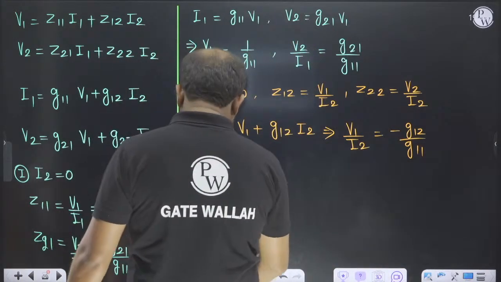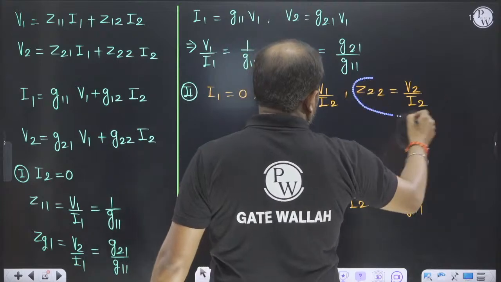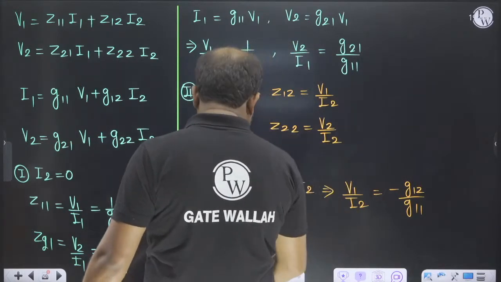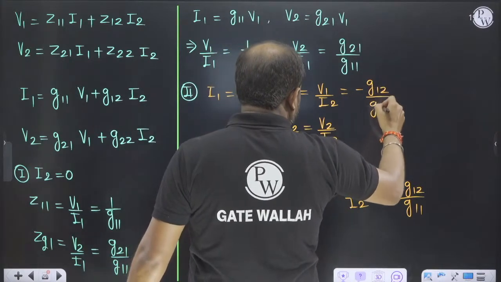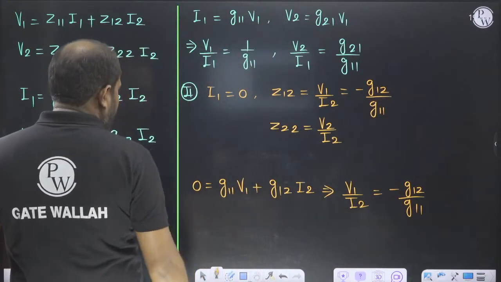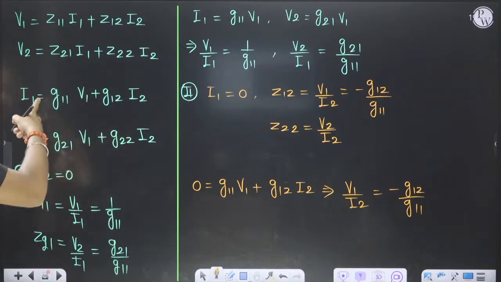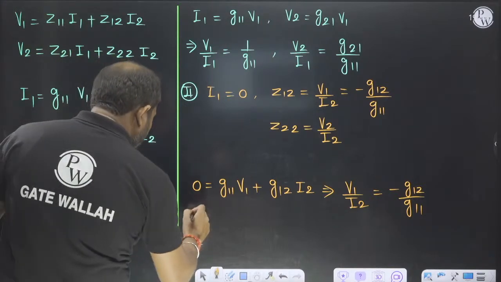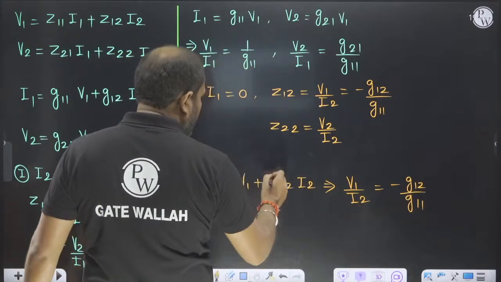So the equation will be minus G12 divided by G11. And the second equation: if I1 is equal to 0, then we have to find V2 upon I2. So I will put V1 in equation 2.